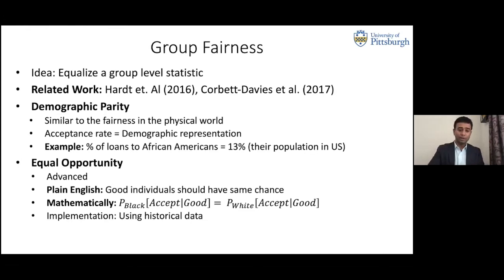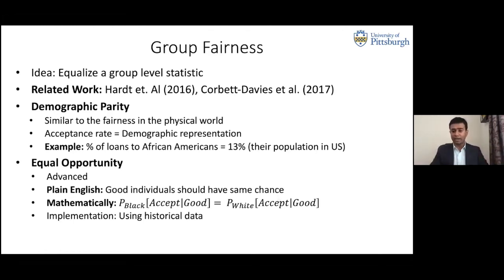For example, the good people among blacks and the good people among whites should have an equal chance of some decision. Good people means, in the loan granting example, given that a person is not going to default, the probability of getting the loan should be the same. So mathematically, you have to match these two conditional probabilities: given that the person is good, the chances of acceptance should be the same across the groups.